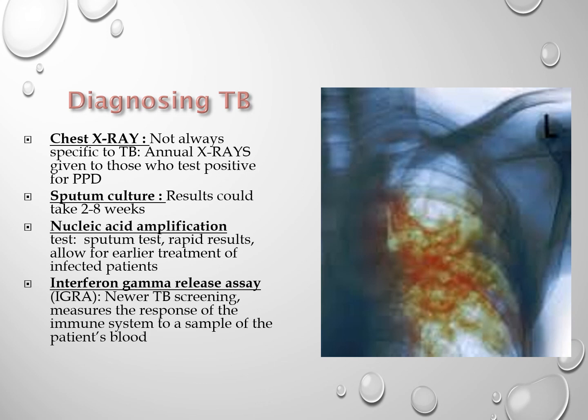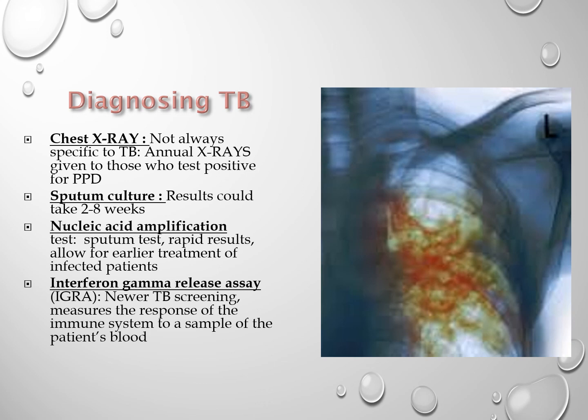Sputum cultures, if we're very suspicious, but they can take anywhere from weeks to months to come back, since remember, mycobacteria is a slow-growing bacteria. There's certain blood tests that can be utilized to try and diagnose TB earlier than waiting for a sputum culture.